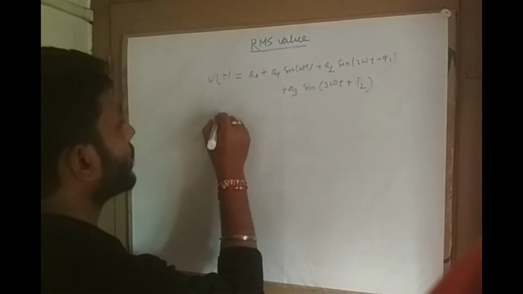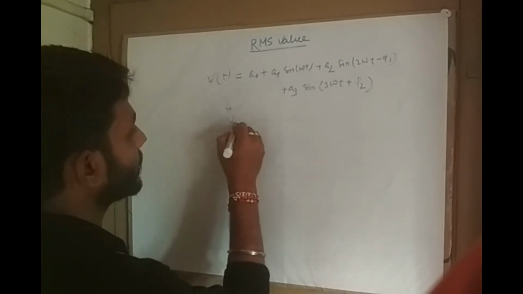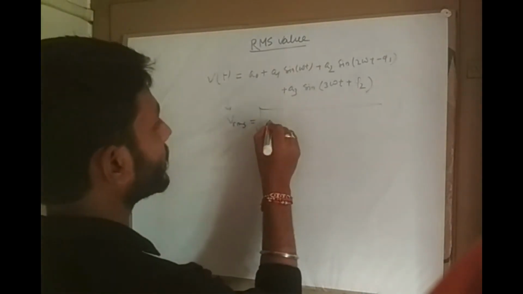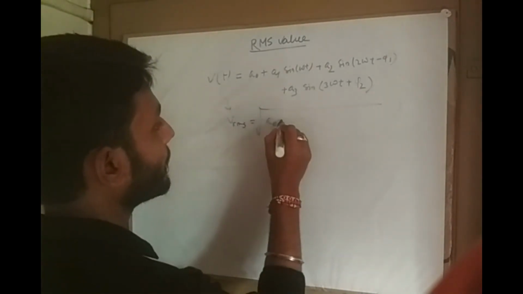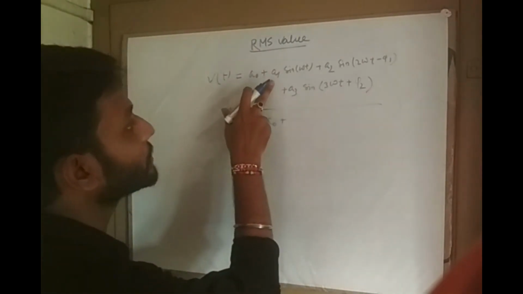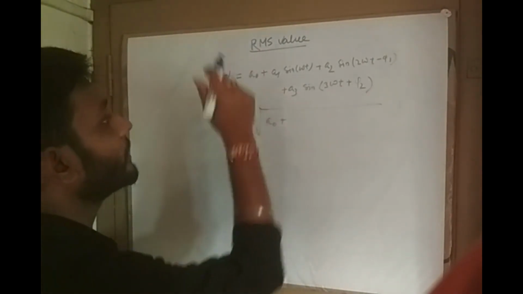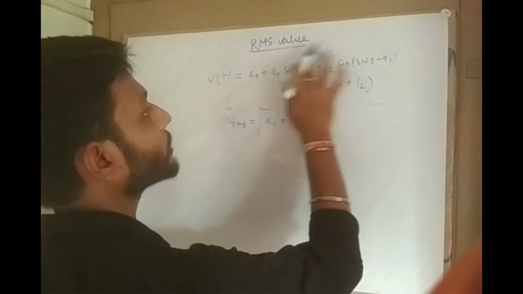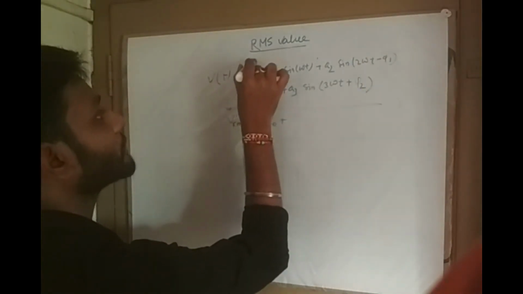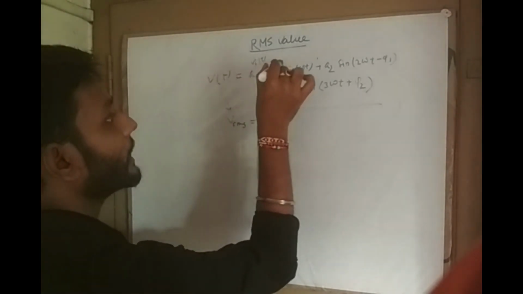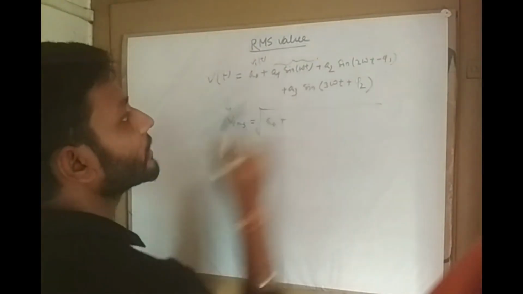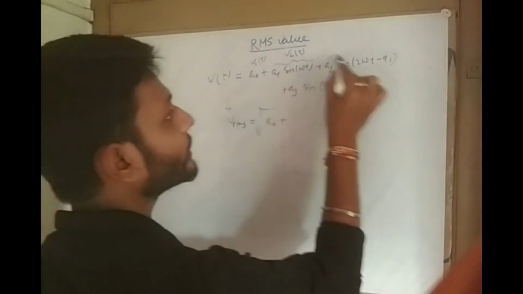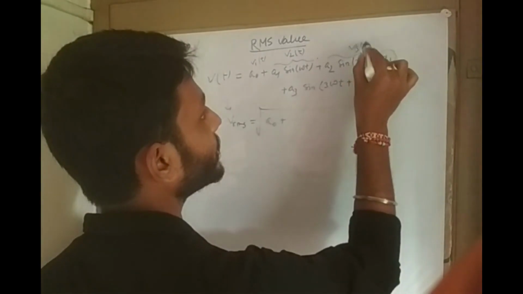The RMS value of this type of signal, you can represent A0 as V1 of t, the next term as V2 of t, and this term as V3 of t.